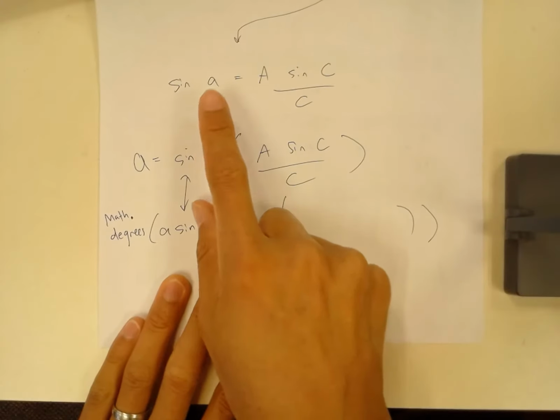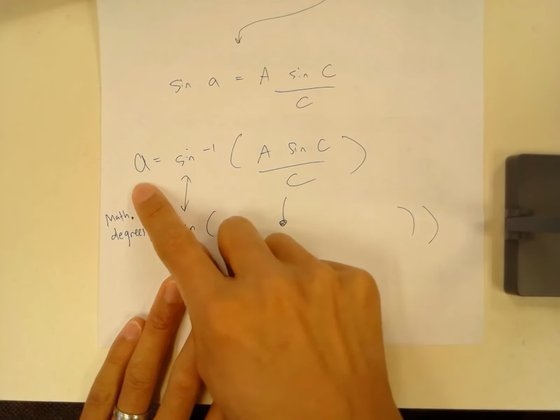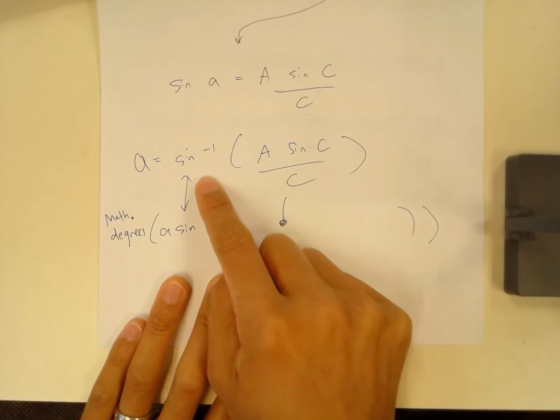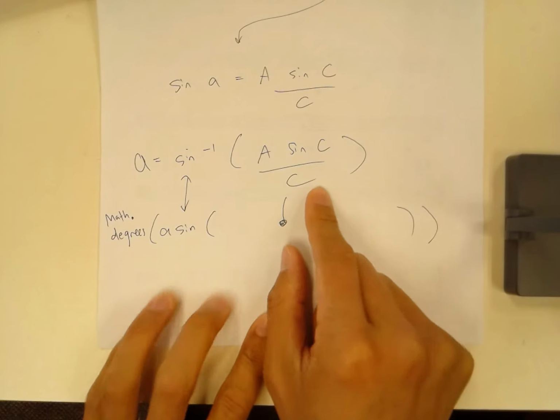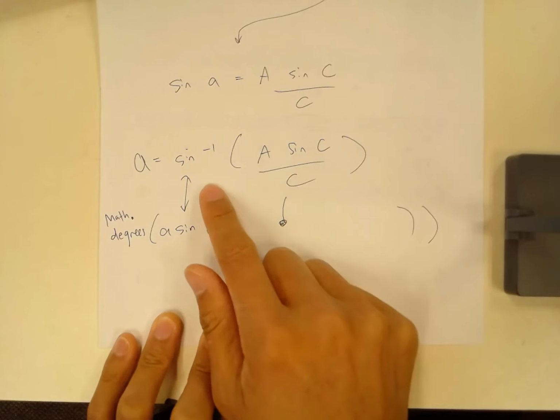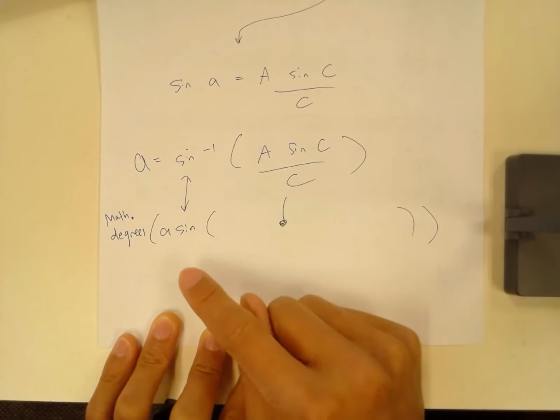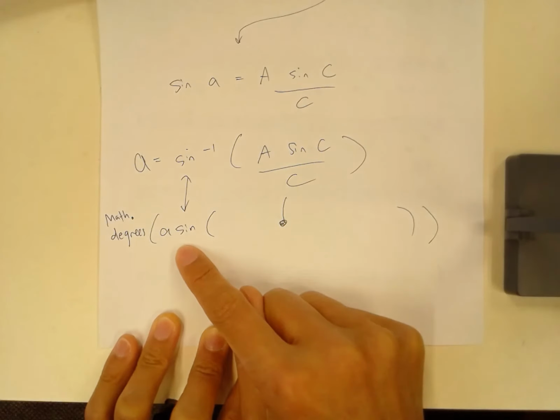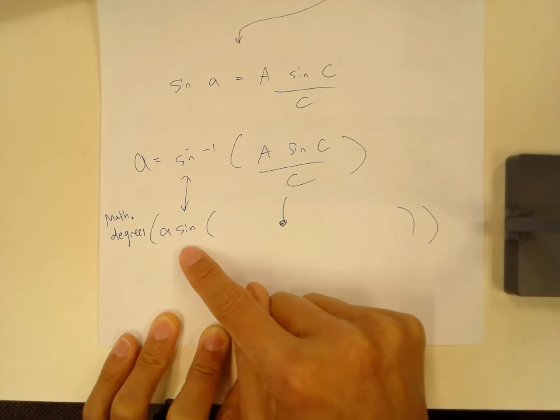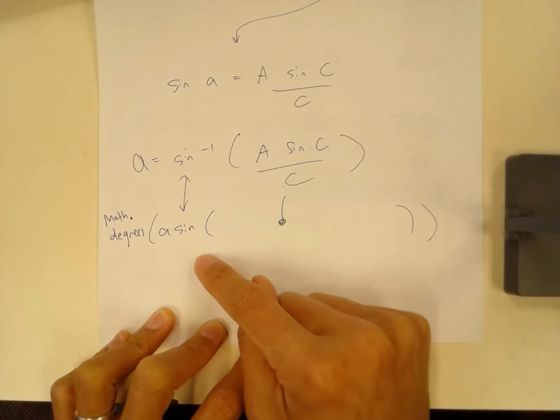So the way we're going to figure out the angle A is that angle A is equal to the inverse sine of that expression. Okay, so now it's like, well, how do I do inverse sine? Well, in Python we have asin, which is arc sine, the inverse sine.